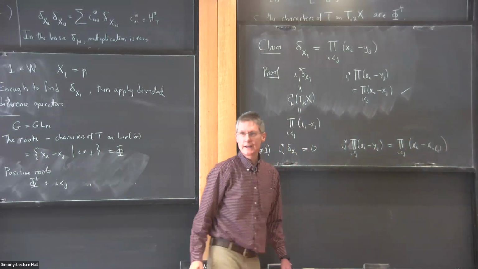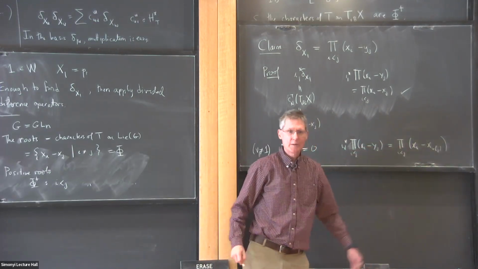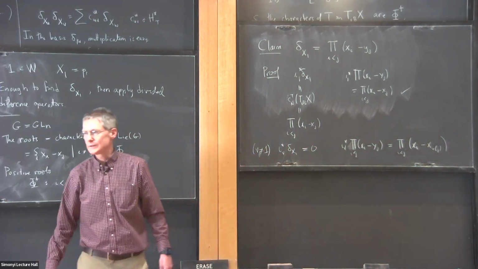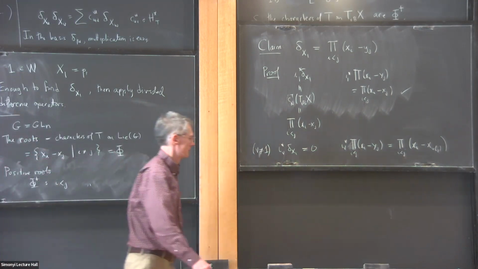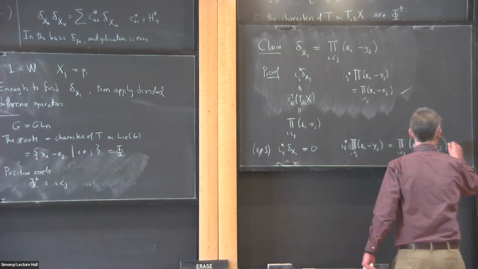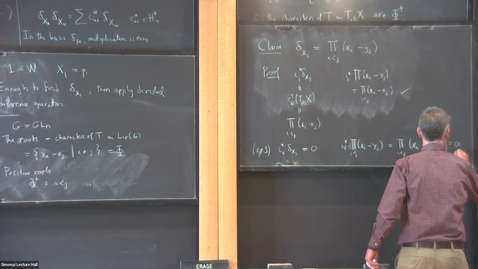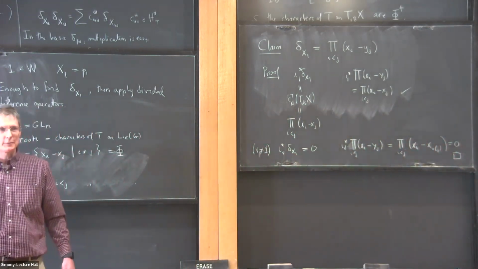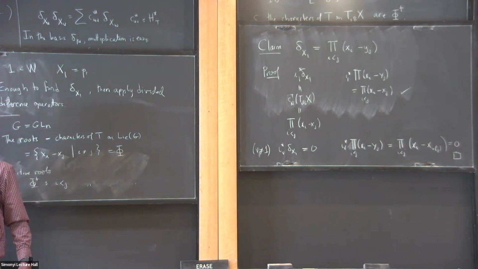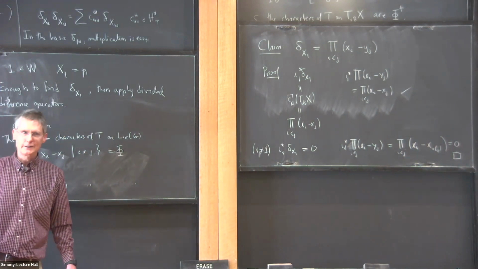And if v is not the identity permutation, two of these will have to be equal, and v of j will have to be equal to i for some i, and that will be 0. So that's a very simple proof of what we have now. In principle, we have solved the problem of Schubert calculus for GLn.